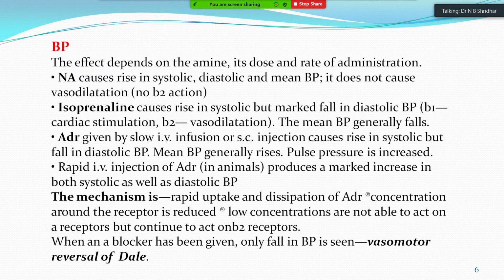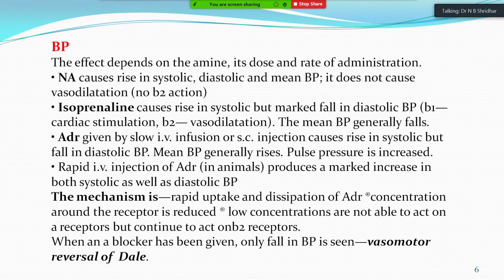So initially there will be an increase in BP, later it relaxes and goes down. The mean BP generally falls. That's why the summation of the effect of isoproterenol is a decrease in BP.